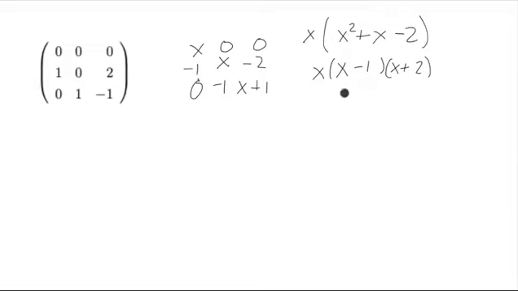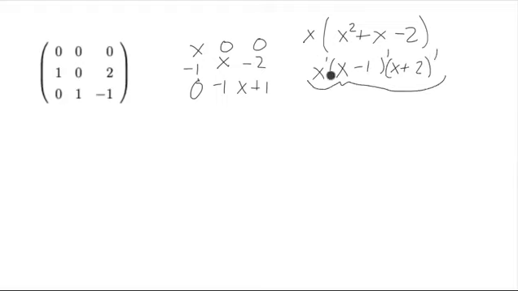Now, one thing to note, this characteristic polynomial is also the minimal polynomial of this matrix, because the minimal polynomial has to share the same irreducible factors, but it can't have any factors raised to a power more than one, and it's precisely what we have here.